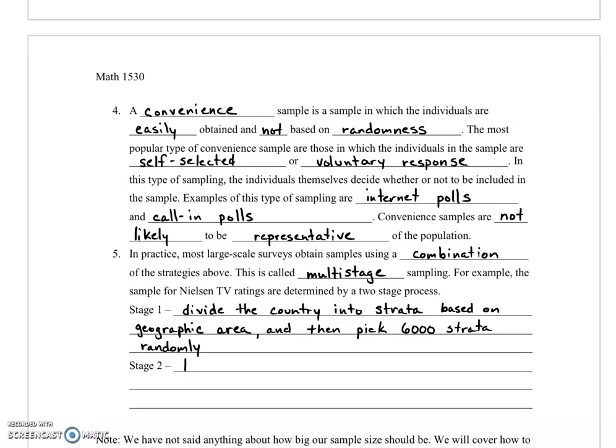Then they list all the households in each of the 6,000 strata. And choose households by a simple random sample.